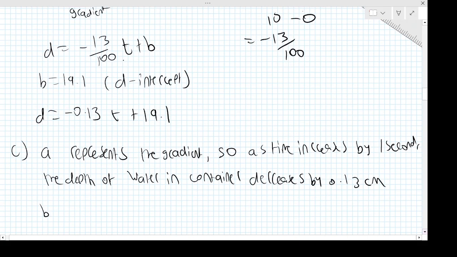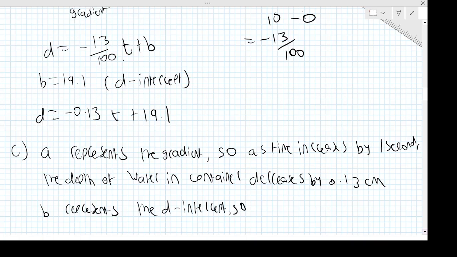Then I'm going to say B represents not the y-intercept, but the d-intercept. Remember, what that means in terms of the question, the context we've got, is that the d-intercept is when t is 0, so it's sort of the initial depth, right?